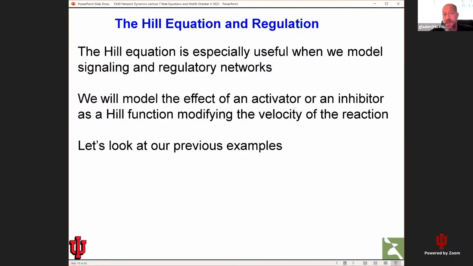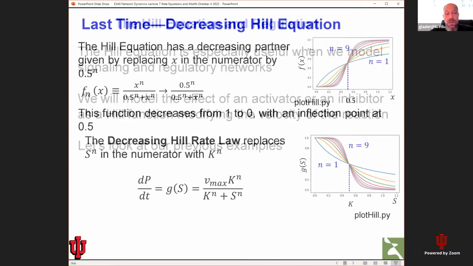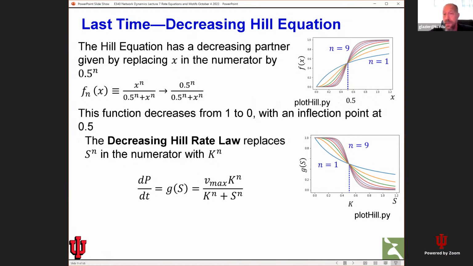If we come back to the Hill function for a second, we'll notice that the Hill function has 3 parameters. It has Vmax, it has K, and it has N. And we can usually rescale the time scale if we wanted to get rid of the Vmax, or we could imagine that K is rescaling all of our variables, in which case the K would disappear.